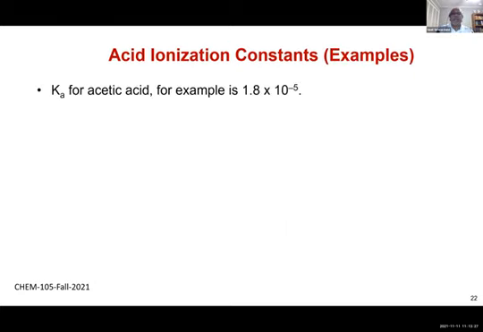Another example, K sub A for acetic acid, a real example, is 1.8 times 10 to the negative 5. If you look at the K sub A value, it's very small. That means only a few molecules of acetic acid are dissociating in water.